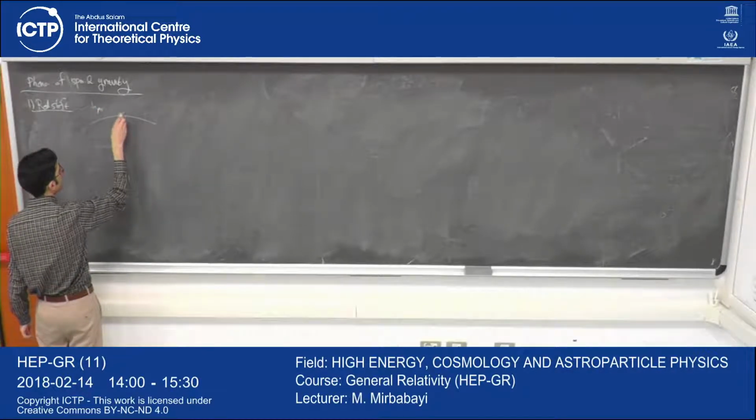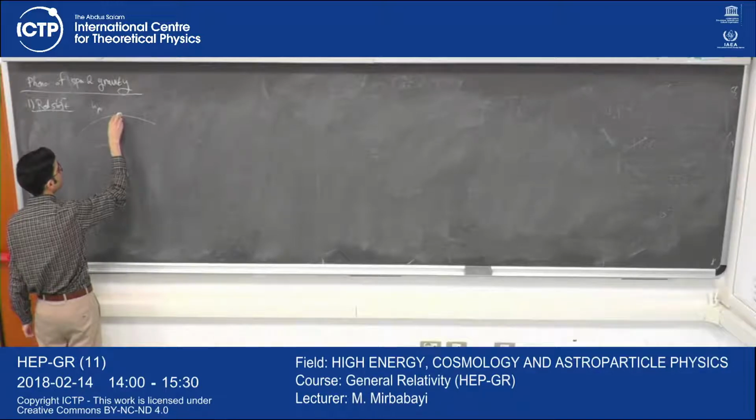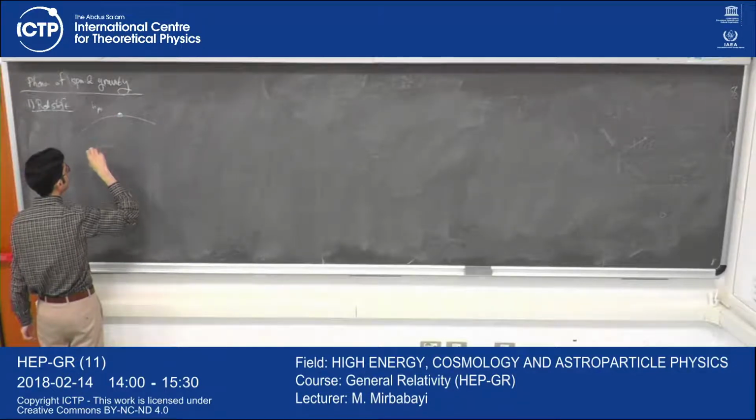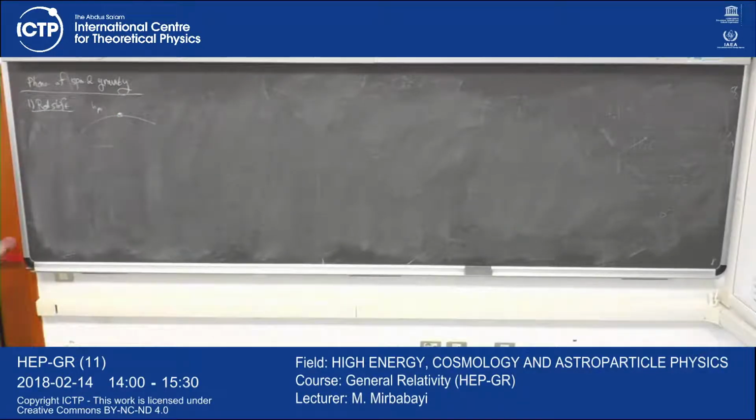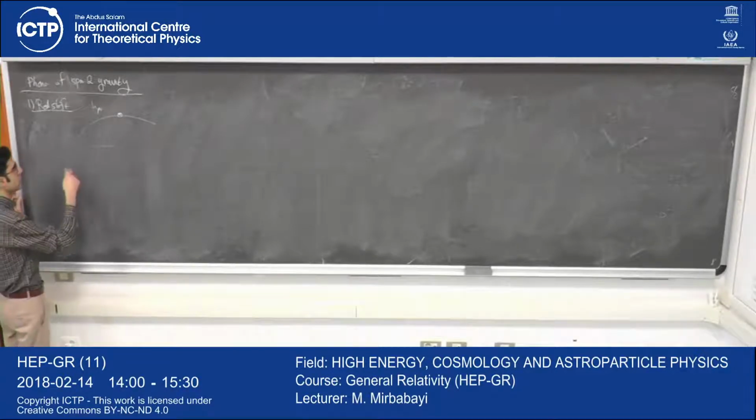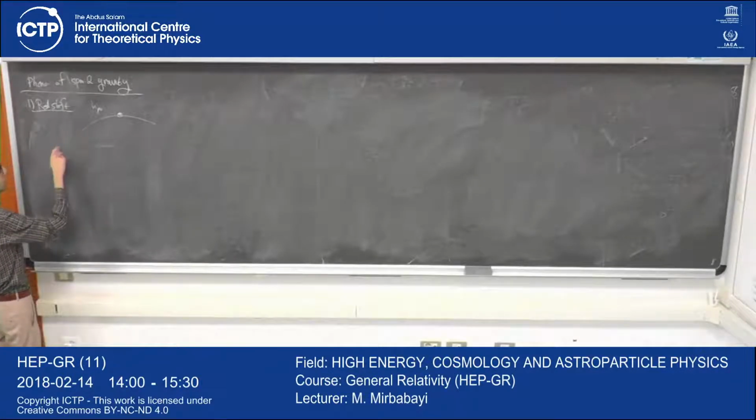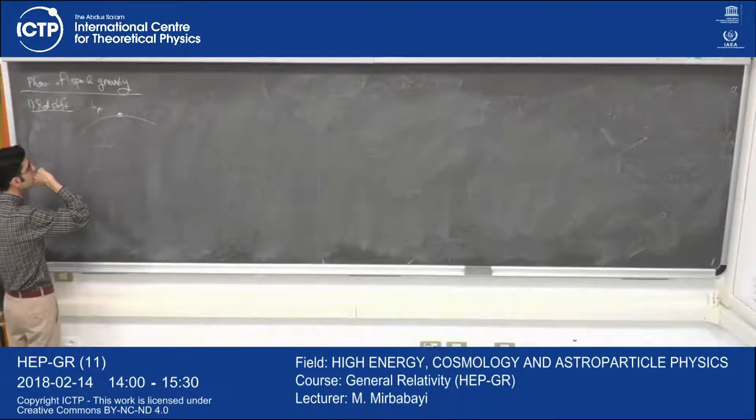So we have little clocks, such that the internal dynamics and time scales of the clocks are much shorter than the length scale of variations of the system. I want to ask what time these clocks measure compared to the time at infinity, or the coordinate time that we define here.